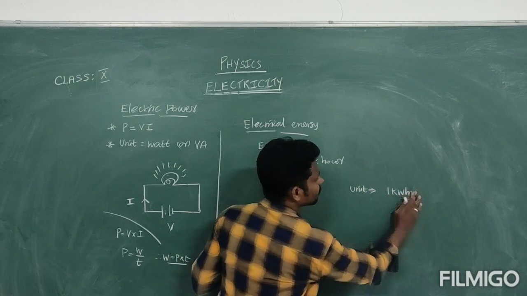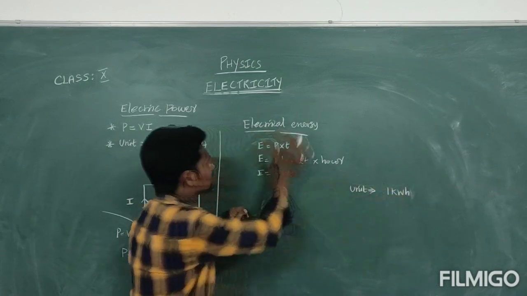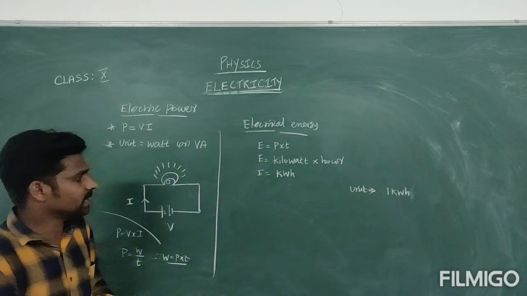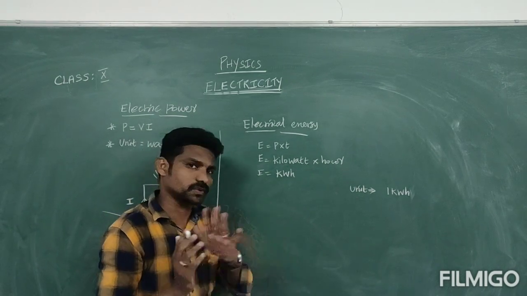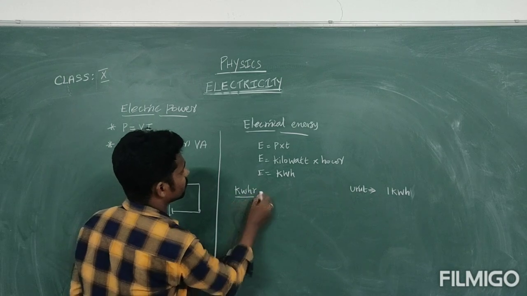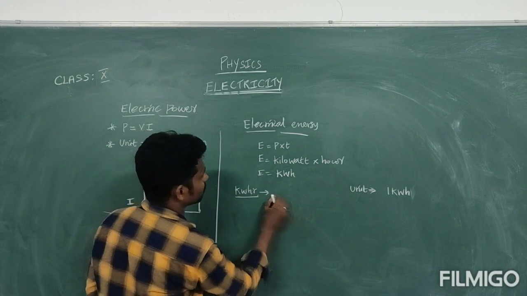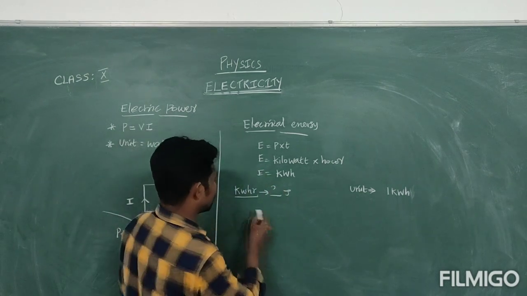The kilowatt hour is electrical energy only. But we know generally electrical energy is measured in joule. So we should convert this kilowatt hour into some amount of joule. So what is that value? Let's calculate.